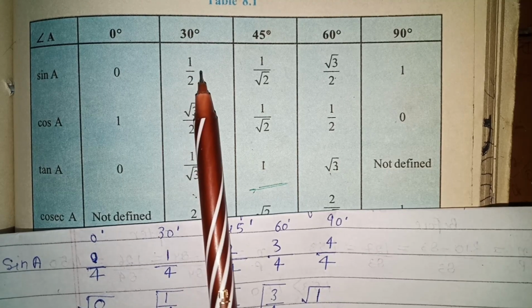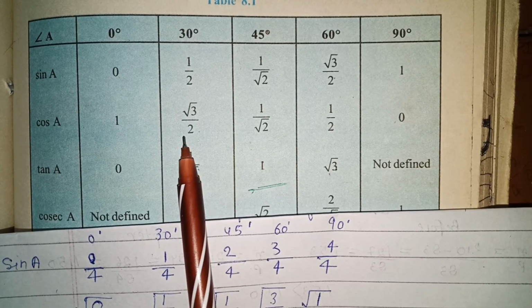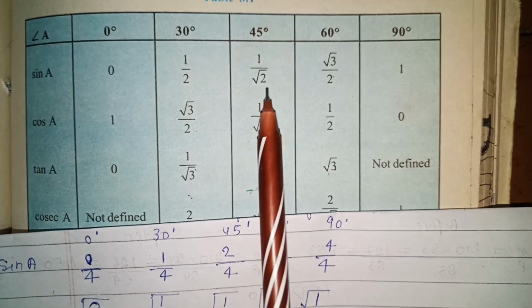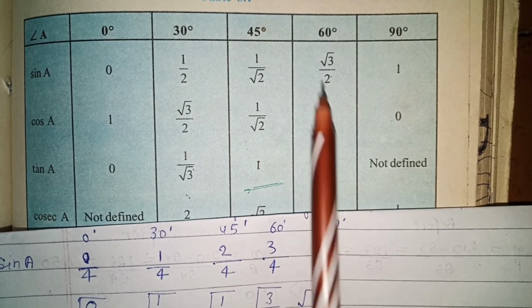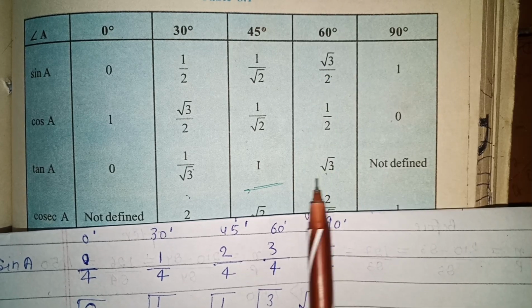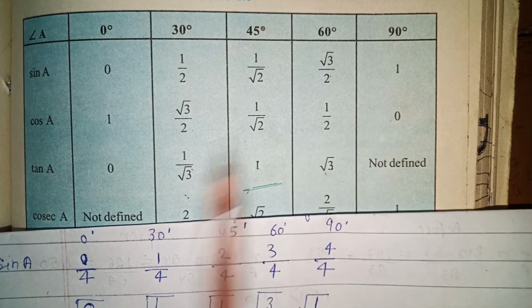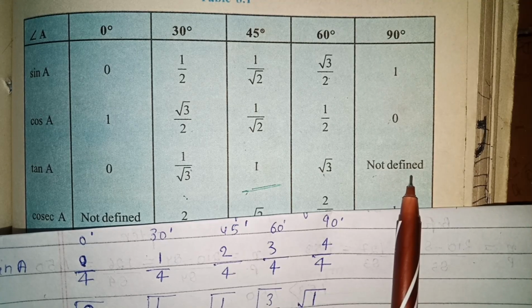Now on dividing 1 by 2 upon root 3 by 2, this 2 and 2 will be cancelled out and we will be left with 1 by root 3. Again on dividing these two values, I will get 1. On dividing these two values, this 2 and 2 will get cancelled out and I will remain with root 3. Now on dividing 1 by 0, if we divide any quantity by 0, we get a not defined answer. So we get the answer as not defined.